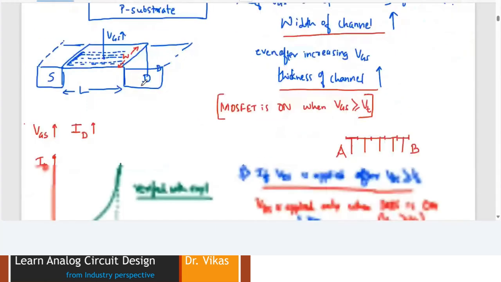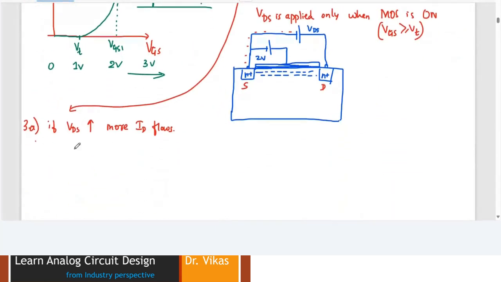Now, similarly, let's try to understand, can I increase VDS to a large value? Why do I want to increase it to a large value? Because I know that if VDS is increased, drain current will flow and that current also increases.